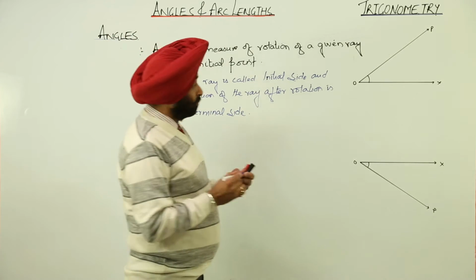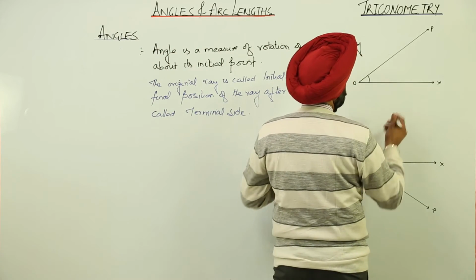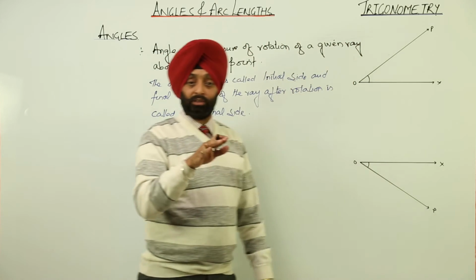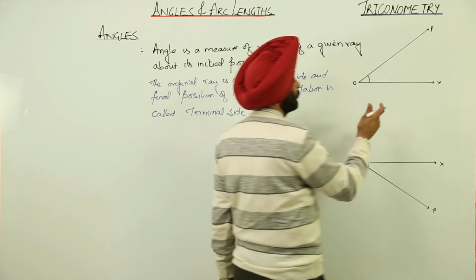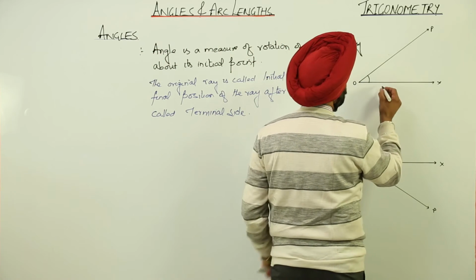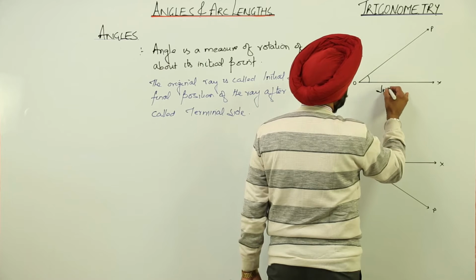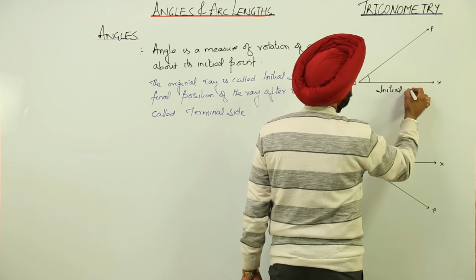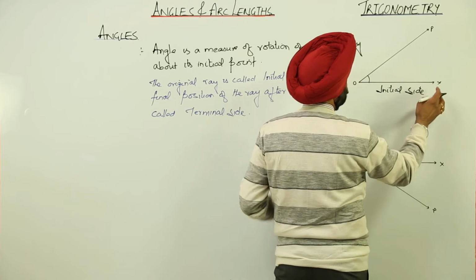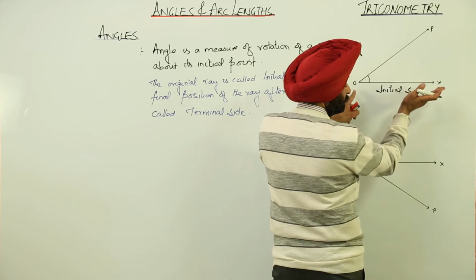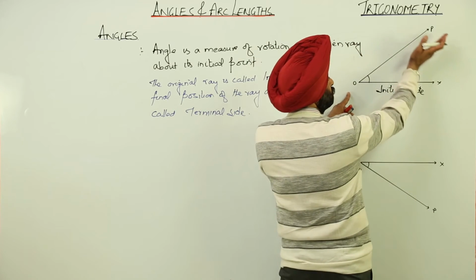Now, which is the original one? This is the original OX, or you can say this is the fixed line. This is the initial side, and after rotation, suppose this final ray goes to this position.